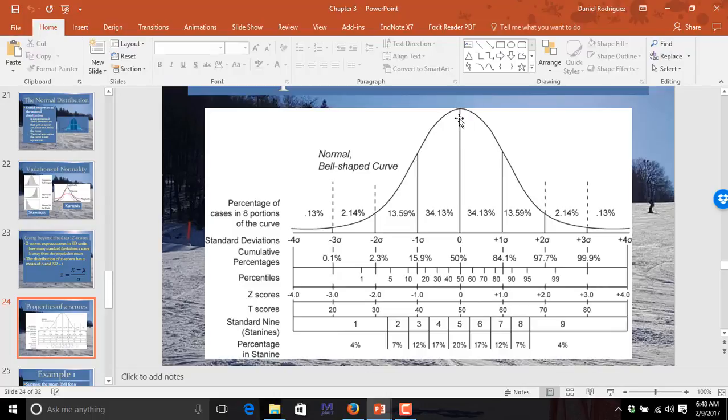That means that's where most of the values occur, because mean, mode, and median are the same in the standard normal distribution. Below the mean is 50% of the population, and above the mean is 50%. Between plus or minus 1 standard deviation is 68.26% of the population. Between plus or minus 2 standard deviations is about 95% of the population, and so on. This is very, very important to remember.